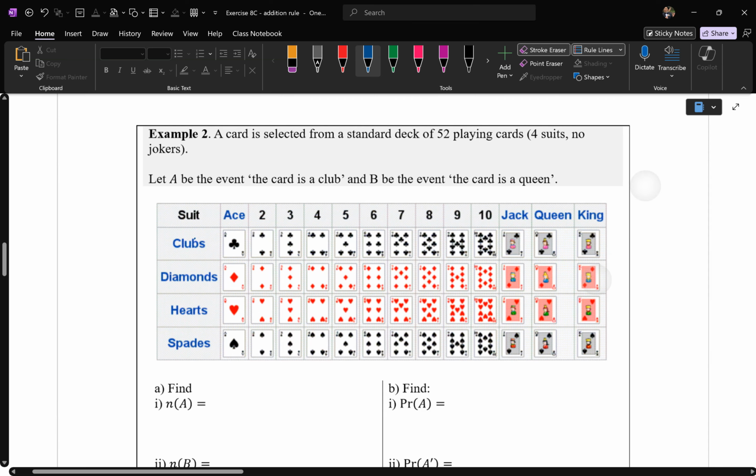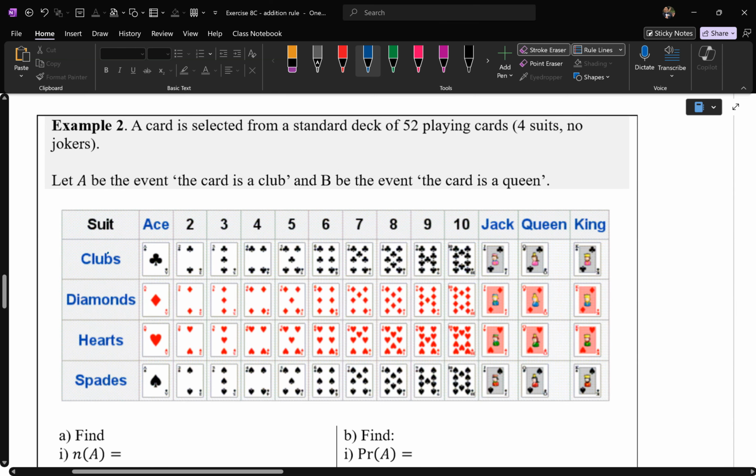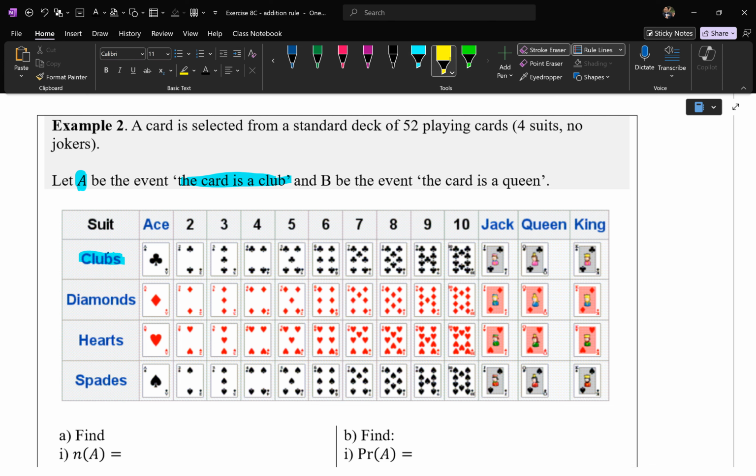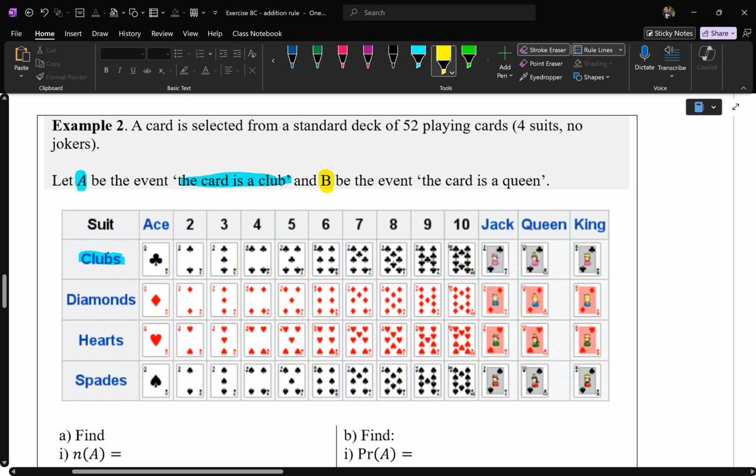So let's say the event, they say let A be the event that the card is a club. So what's a club? This is a club. So let A be getting a club, and B be the event that you get a queen. So B is to get a queen.